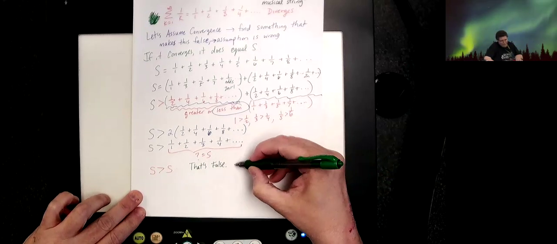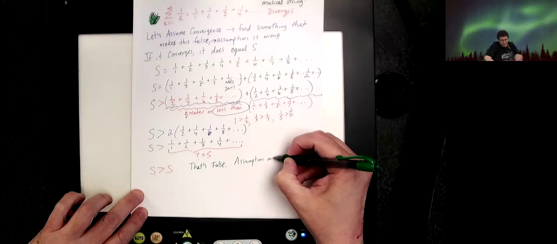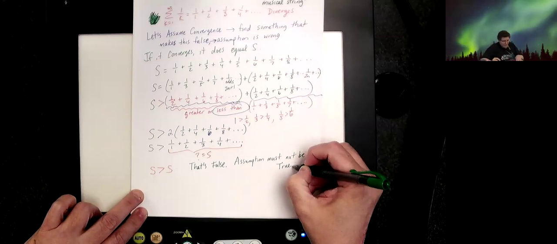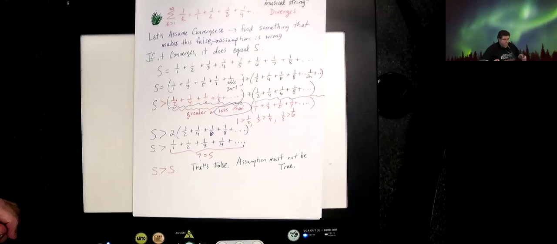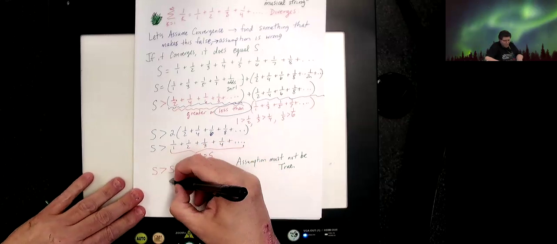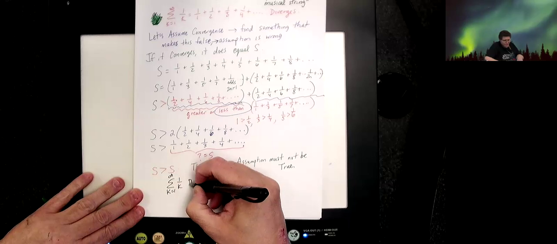Which means our assumption must not be true, because everything we did here was valid. And the assumption was convergence, which means the sum of k equals 1 to infinity of 1 over k diverges.